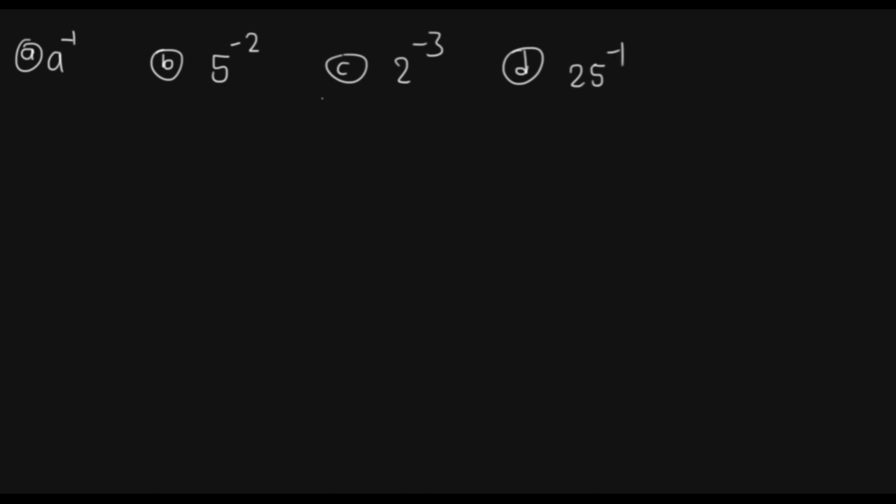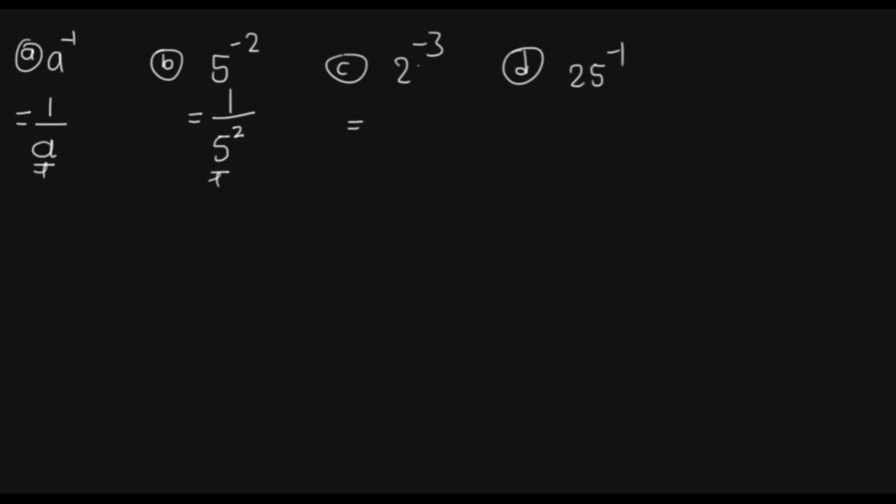So these numbers here, they are all raised to a negative power. Our question is, we want to write these expressions now with a positive index. The first step here, you can just say 1 over a to the power 1, which is 1 over a. This one will be 1 over 5 raised to the power 2.